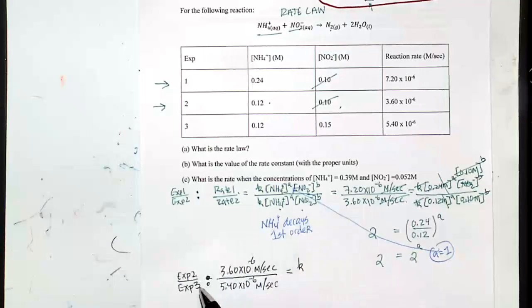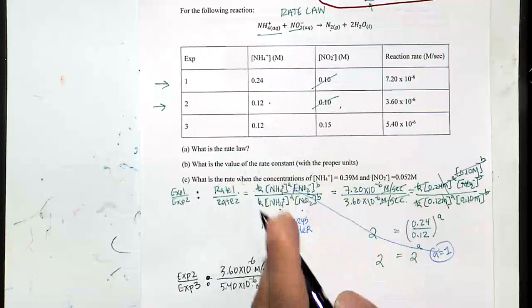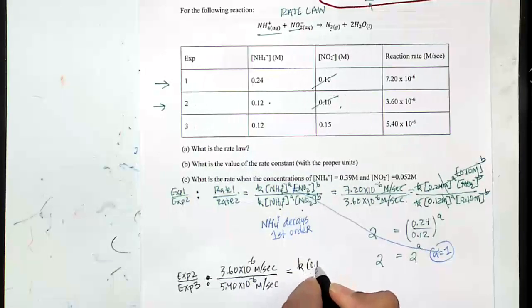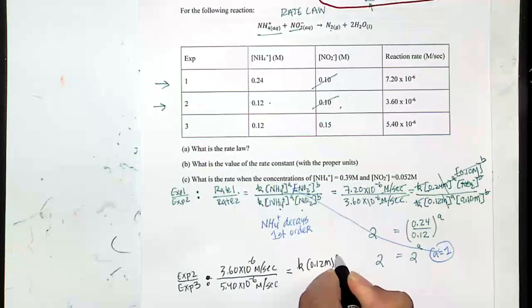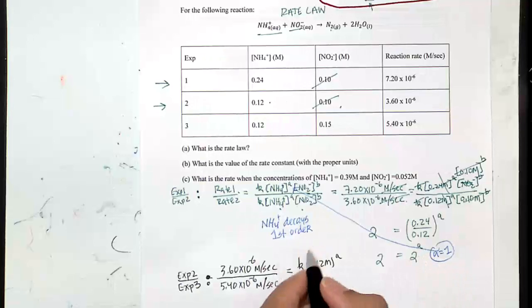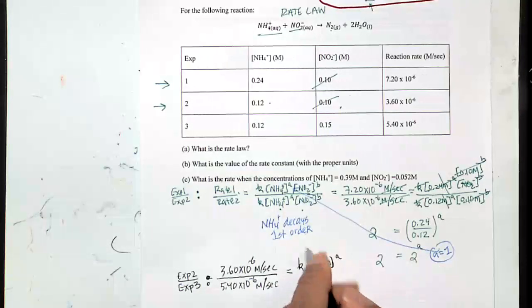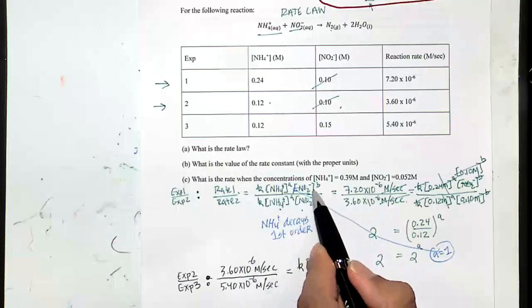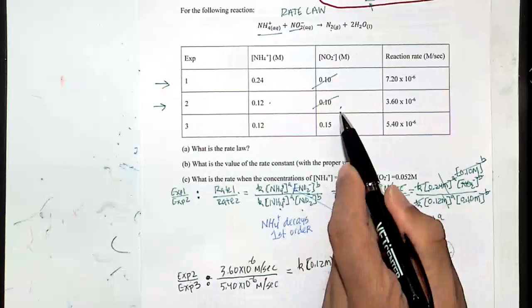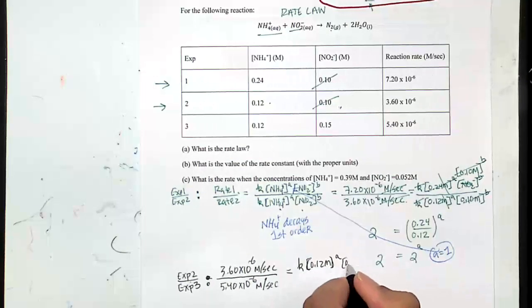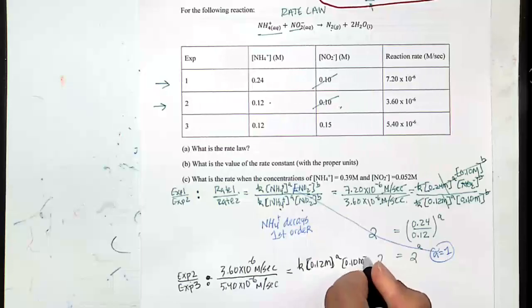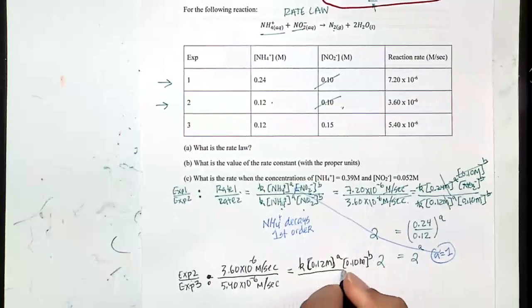NH4 to the power of A. What is NH4 for experiment 2? 0.12 molar raised to the power of A. We all know A is 1. What is NO2 minus for experiment 2? 0.10 M raised to the power of B.